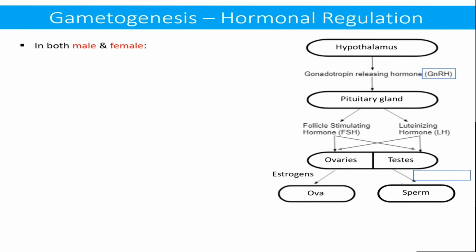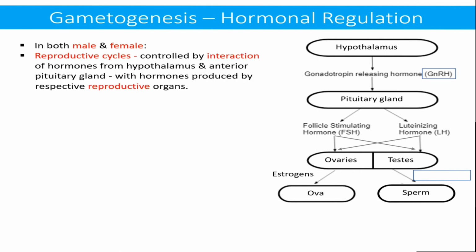Gametogenesis hormonal regulation. In both male and female, reproductive cycles are controlled by interaction of hormones from the hypothalamus and anterior pituitary gland with the hormones produced by the respective reproductive organs in each sex.